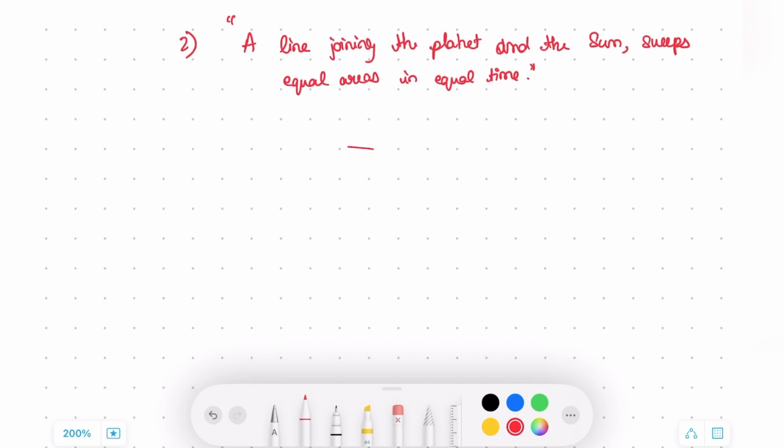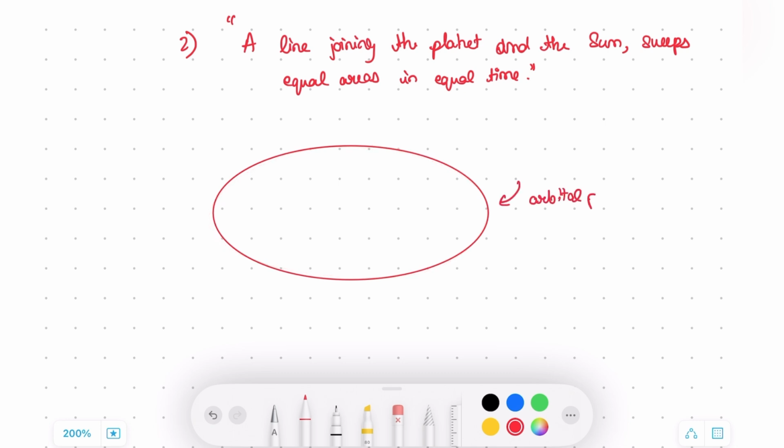So now this is again a very interesting concept. So let's say that this is the orbital path. We have the sun at one of the foci. So let's say we have the sun here and we have our earth, right?